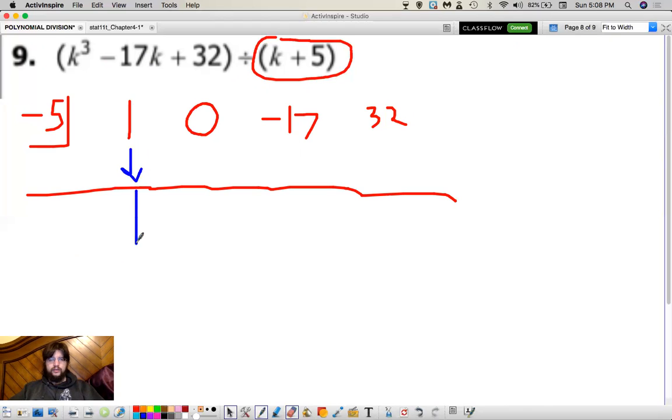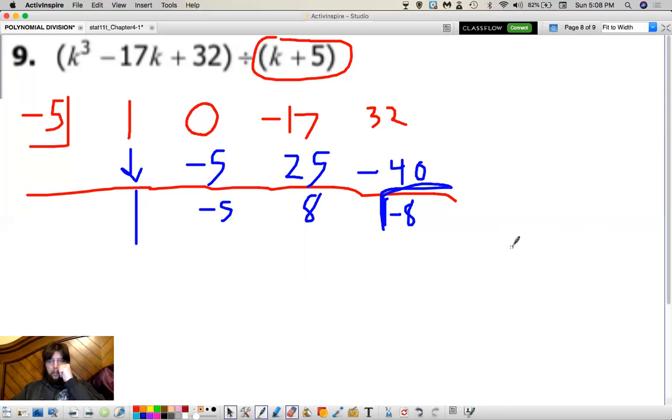Bring down that 1, multiply, combine, multiply, combine, multiply, combine, and that's how to make it. So reduce the power by 1. It was cubic, now it's going to be the second power.